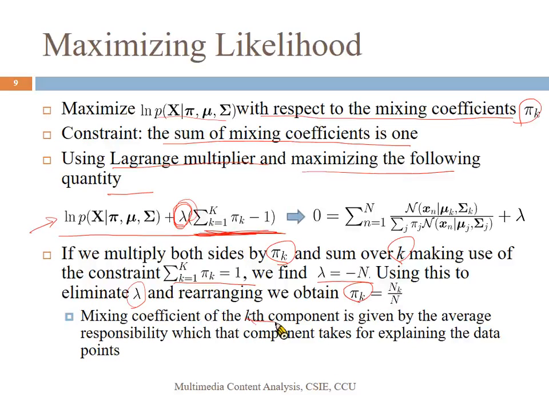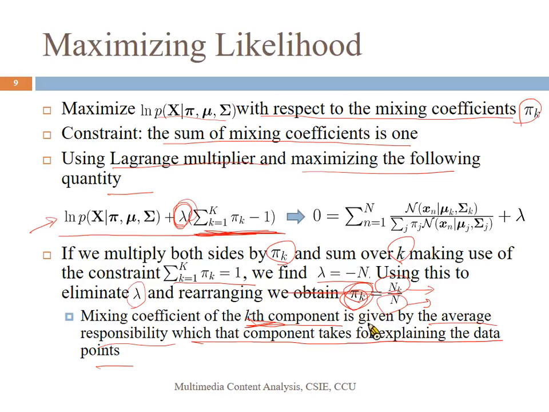The mixing coefficient of the k-th component is given by the average responsibility which that component takes for explaining the data points. Here N is the total number of data points, and N_k is the sum of the posterior probabilities of the k-th Gaussian component. So pi_k means the power or the responsibility of the k-th Gaussian component to explain the data points.